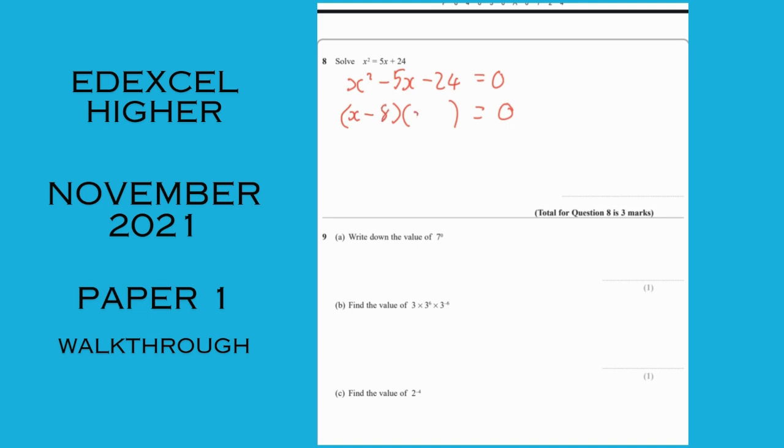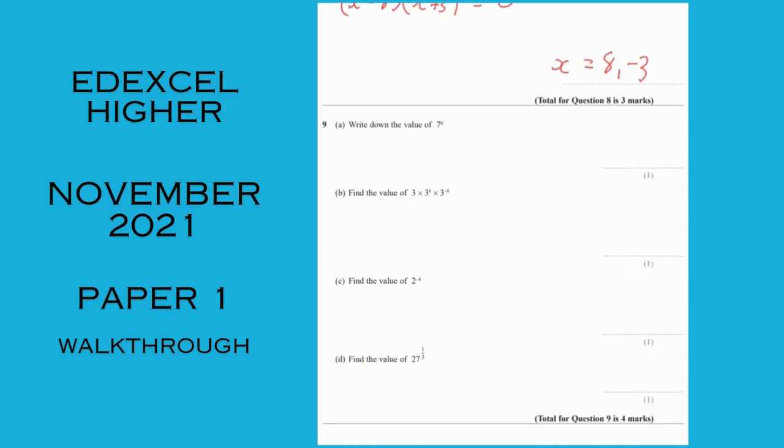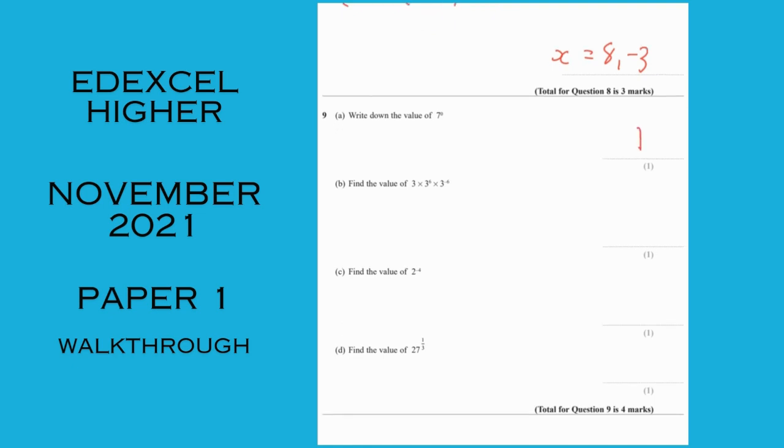Now minus 8 and positive 3. Multiply to make minus 24 and add together to make negative 5. So for our solutions, change the signs. Positive 8, negative 3.